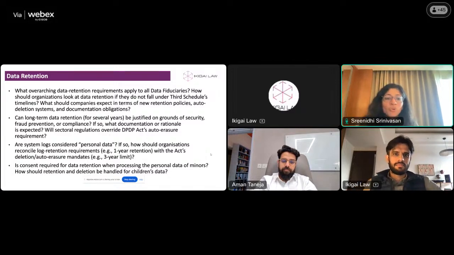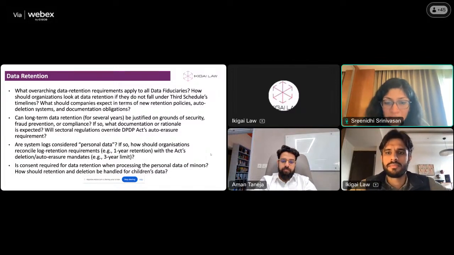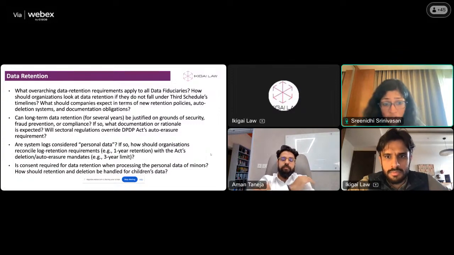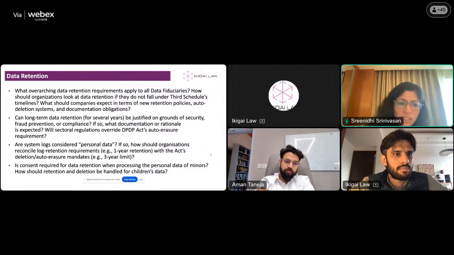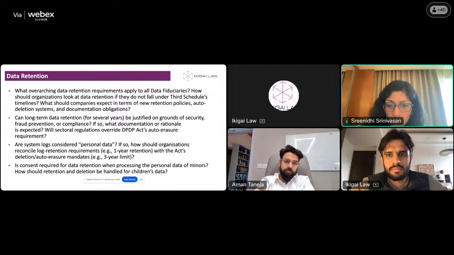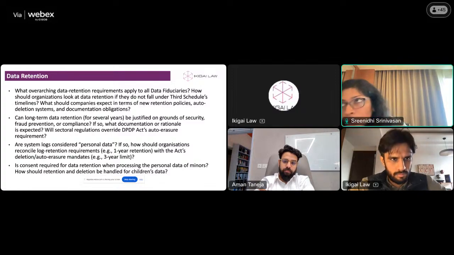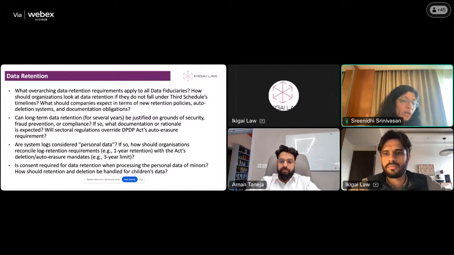But like we all know, for all processing we need parental consent, which is verifiable, and that would include retention as well. And I think retention and deletion will be handled for children similarly to adults. Maybe there is an argument to be made that given the sensitivity of the community, you may want to think about how long you're holding on to the data.